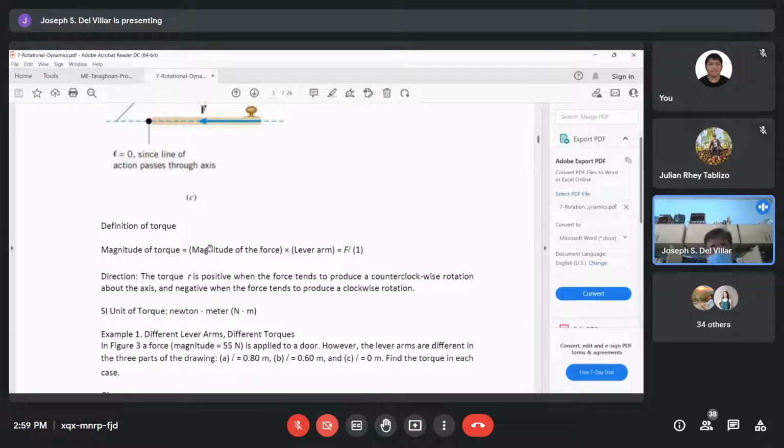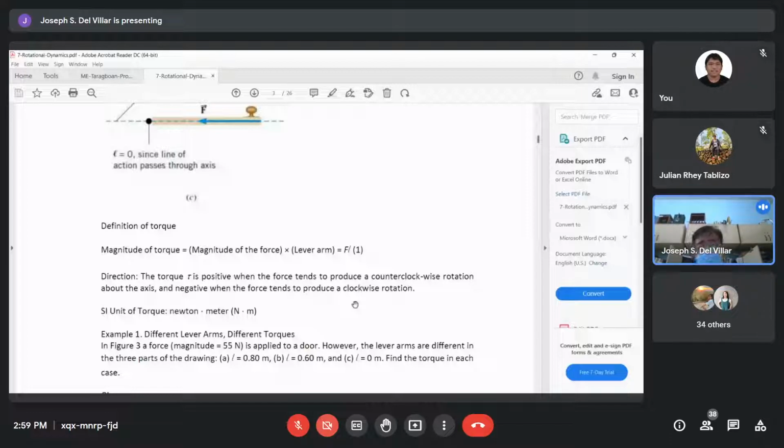So let's go back to the definition of the torque. It is always the product of the force, the magnitude, multiplied by the lever arm. So this is equal to F times L. Okay? Where L is the lever arm. Now, torque is also a vector quantity, no? Meaning to say it must have a magnitude and direction. So yung magnitude niya, product of the force and lever arm.